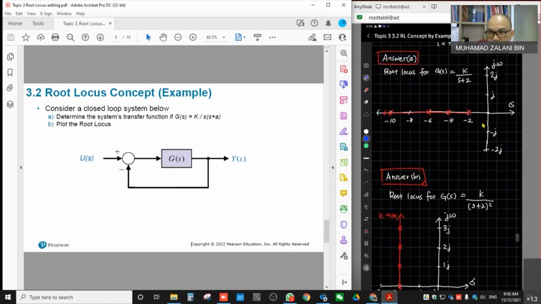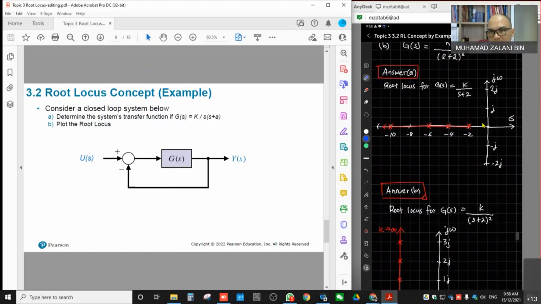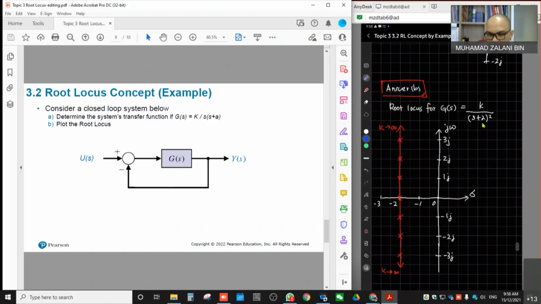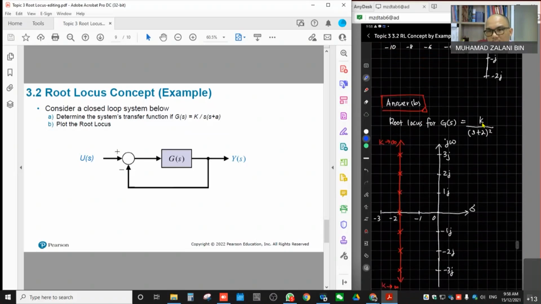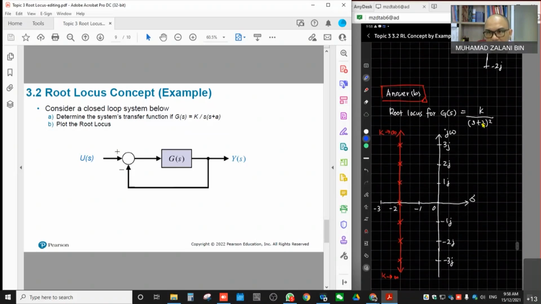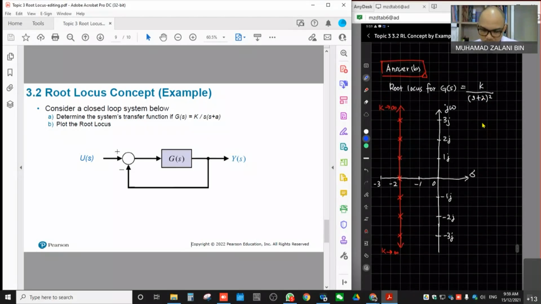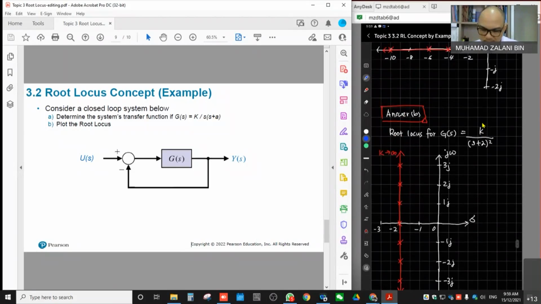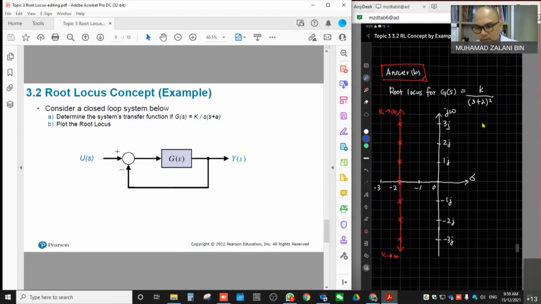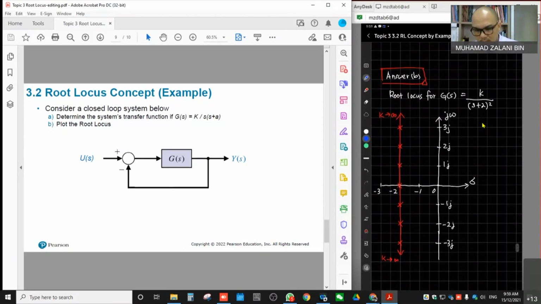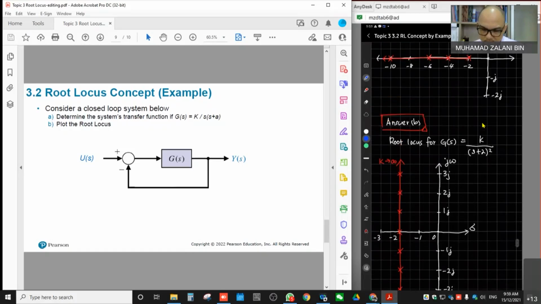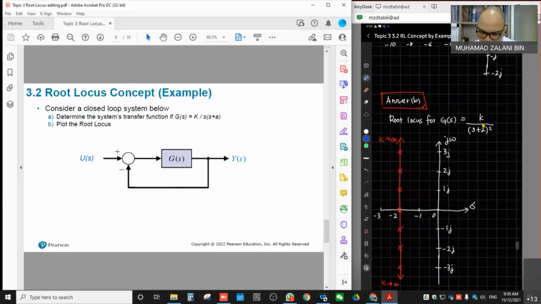But what I would like to see is your method of calculation till you prove that this is your sketching of root locus. Alright. So I will post this later in your e-learning system. But for the time being, since you have these lecture notes and also you will watch this video later, I think you can just start from now lah to prepare your answer. Okay, I will release the exercise later.